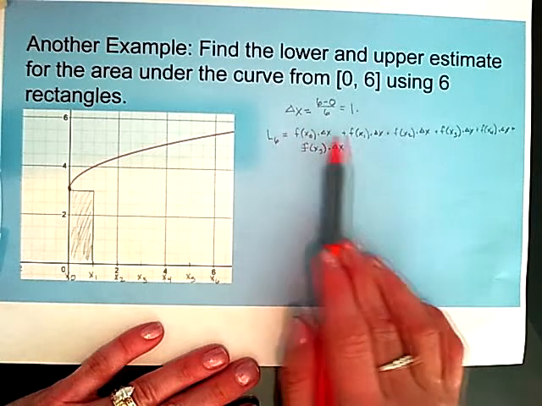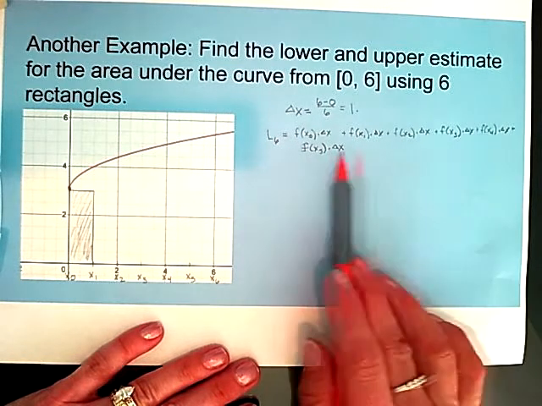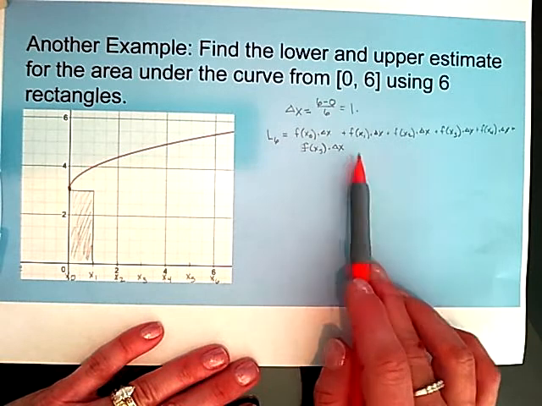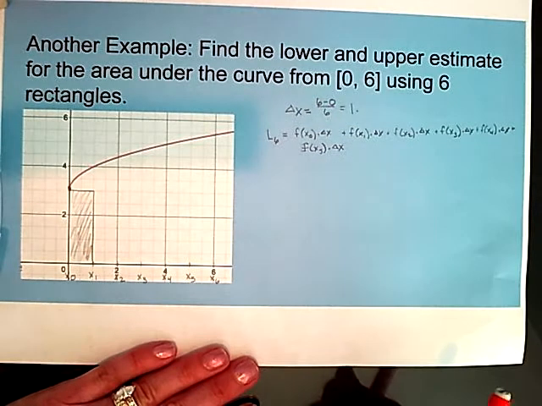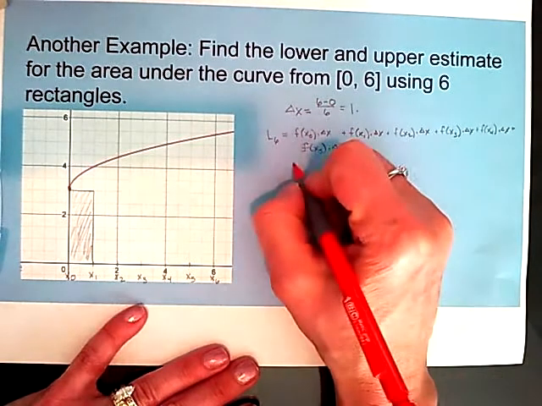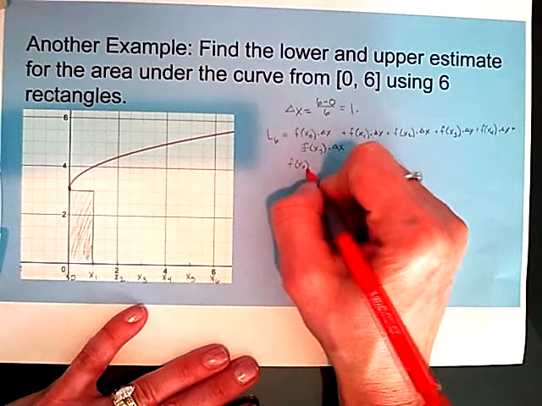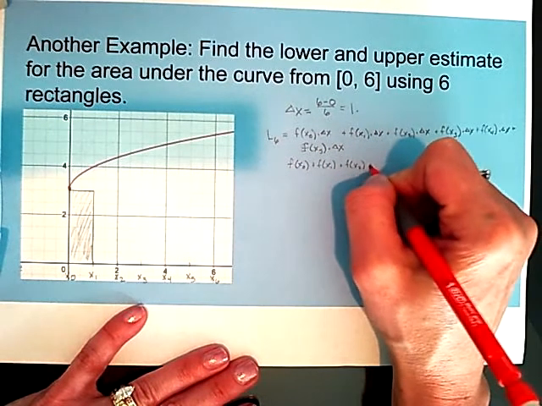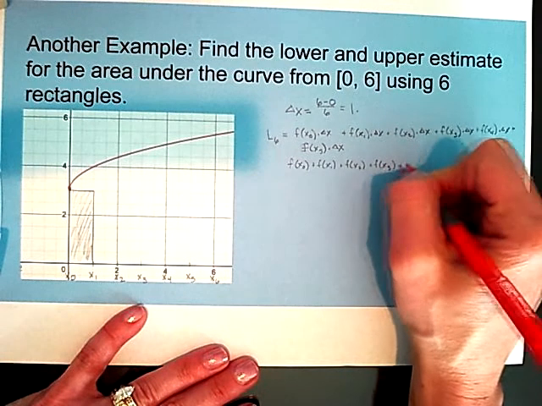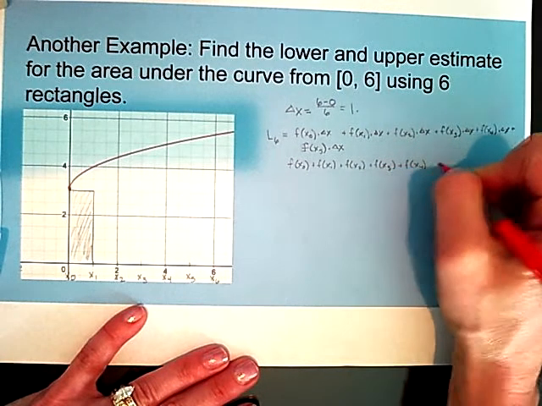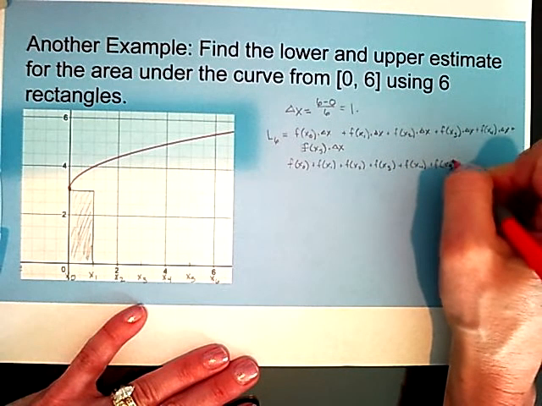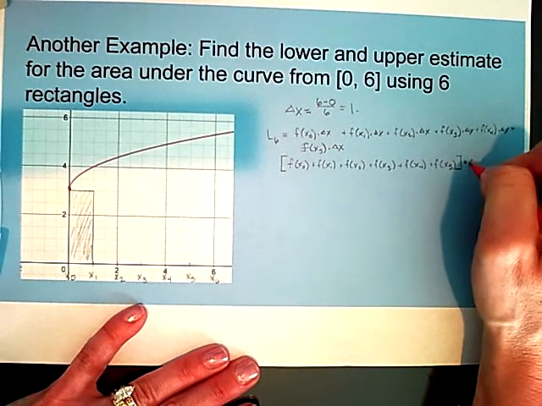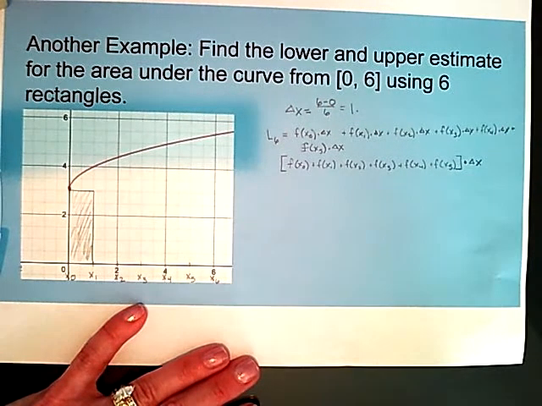So that already gives me 1, 2, 3, 4, 5, 6 rectangles. Since my delta x for each one of these is going to be the same, I can also kick that to the outside and just simply do f of x sub 0 plus f of x sub 1 plus f of x sub 2 plus f of x sub 3 plus f of x sub 4 plus f of x sub 5 and multiply all of that at one time times your delta x.